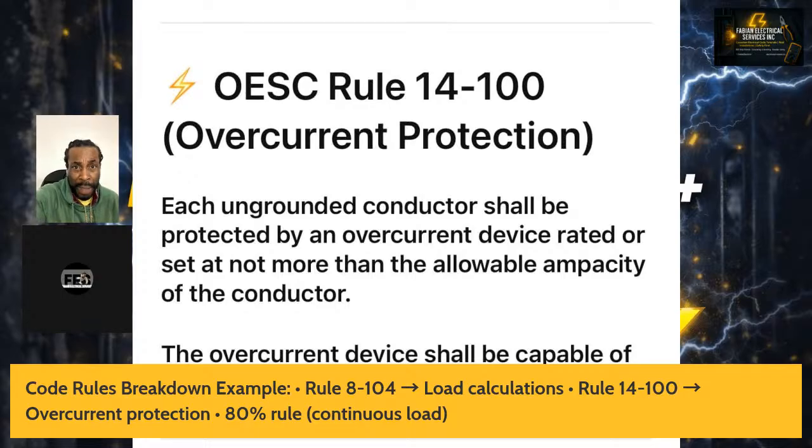So again, this is segment 2. This is the code rule breakdown: Rule 8-104, load calculations, and Rule 14-100, overcurrent protection.